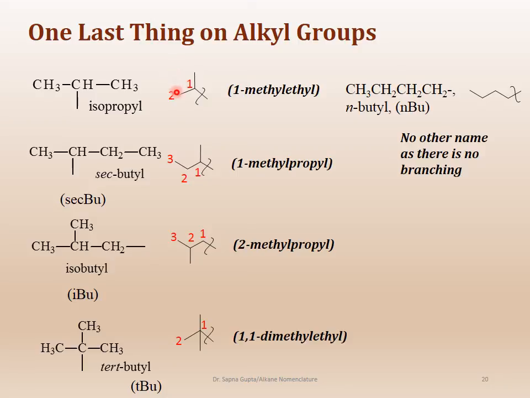So on the first carbon there is a methyl, and the longest chain is ethyl. Now remember, this is not ethane, this is still ethyl, because this is connected. Usually you would write this in brackets because it shows that it is actually connected to something and not independent on its own. It cannot exist on its own, it has to be connected to something.